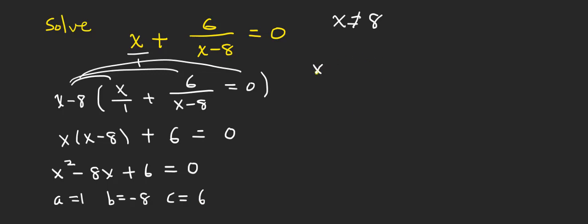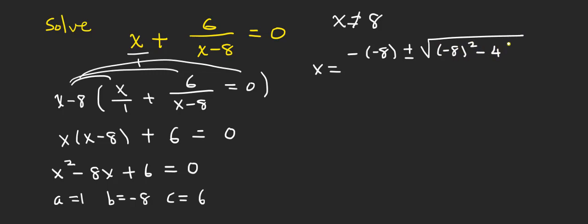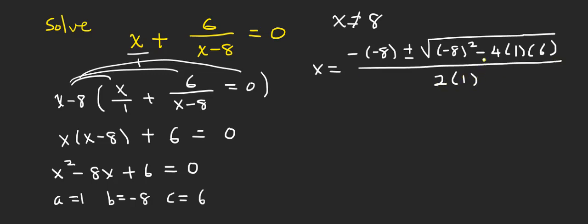So x equals negative times negative 8 plus or minus the square root of negative 8 squared minus 4 times 1 times 6, all over 2 times 1.